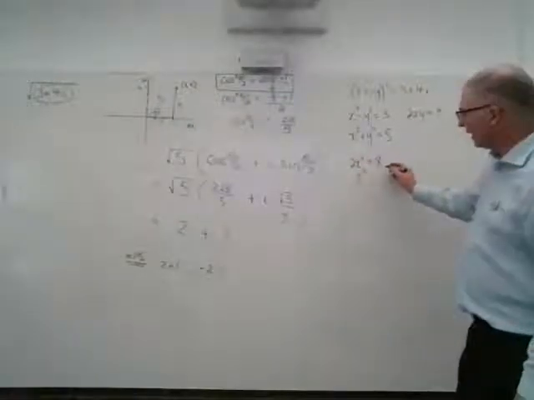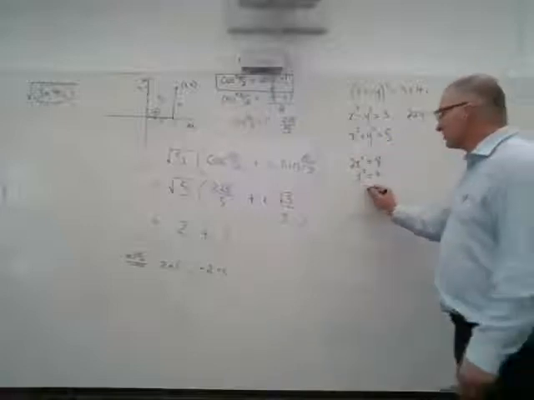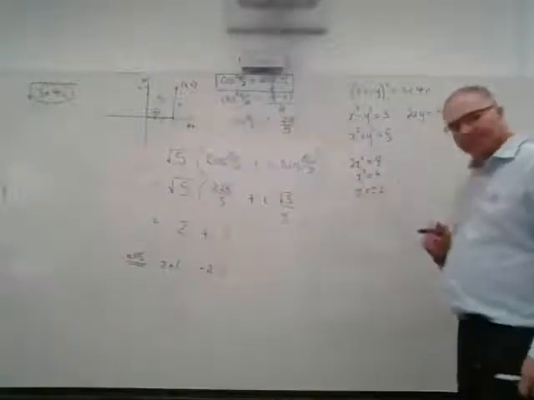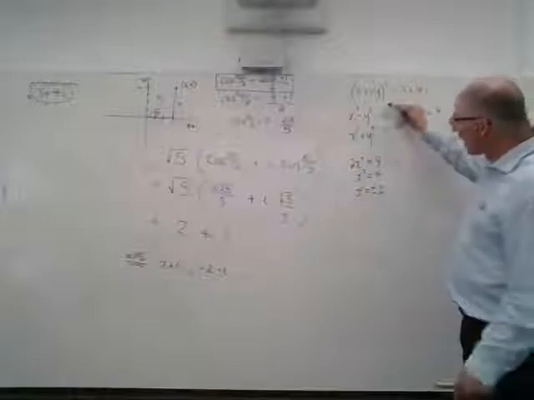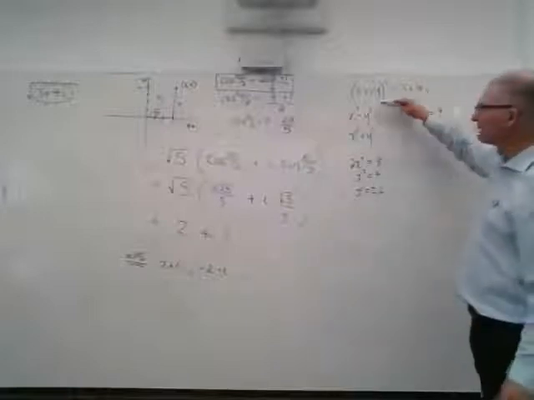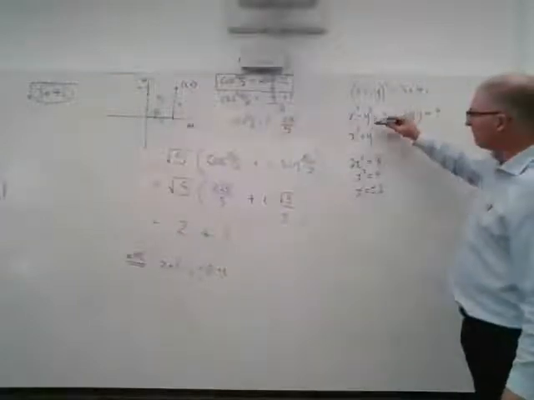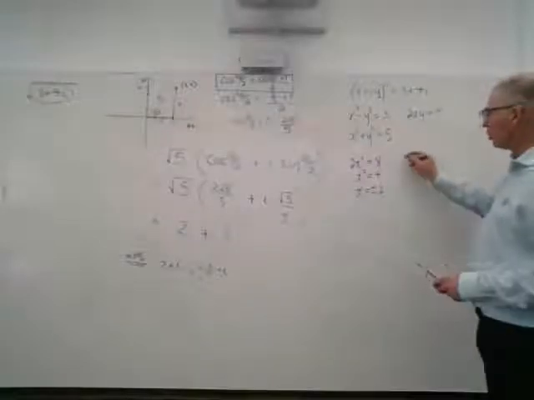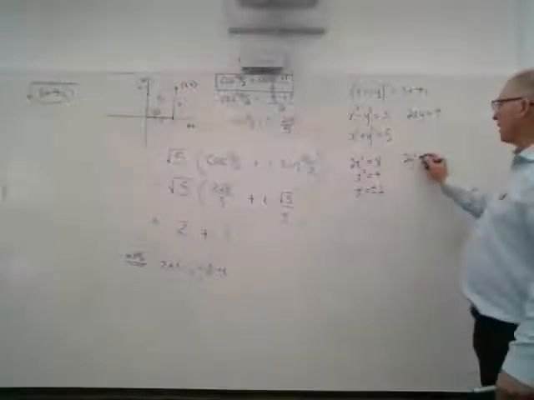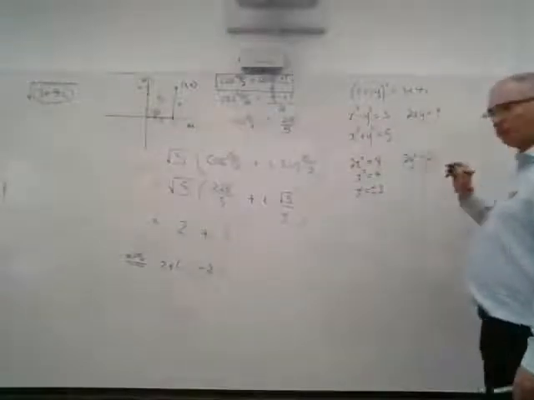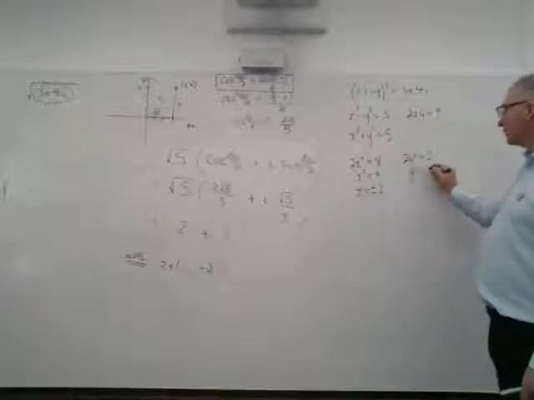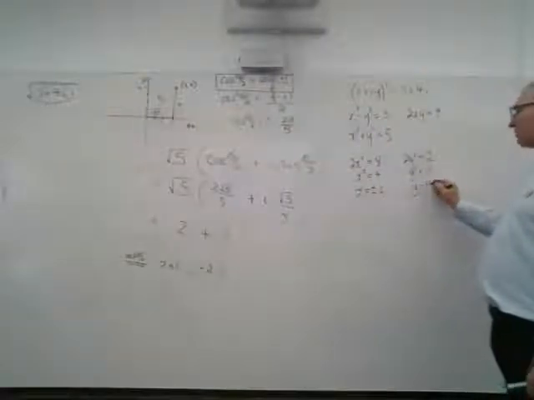So x squared equals 4. So x equals plus or minus 2. And if I subtract, maybe the blue one minus the black one, y squared plus y squared is 2y squared, equaling 5 minus 3, equaling 2. Then y squared equals 1. So y equals plus or minus 1.